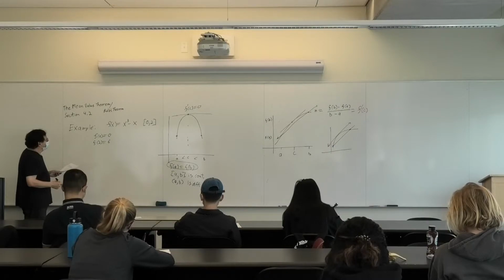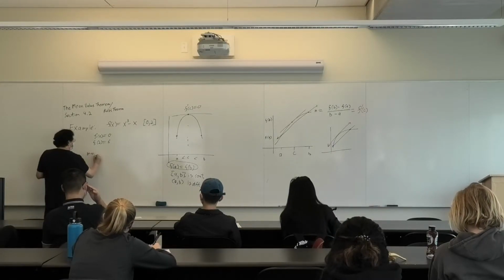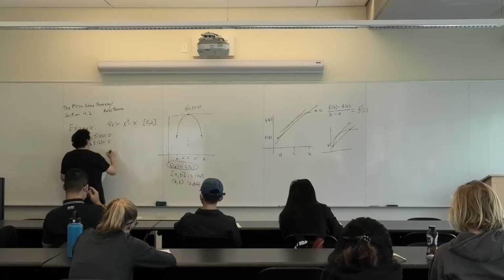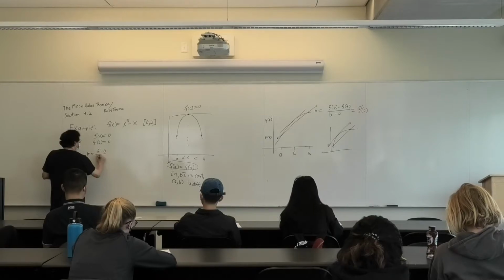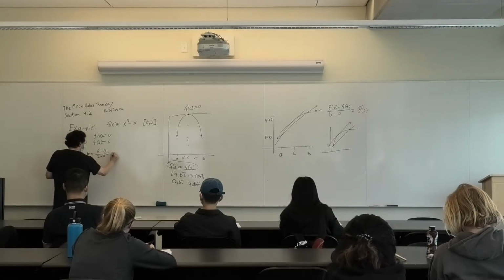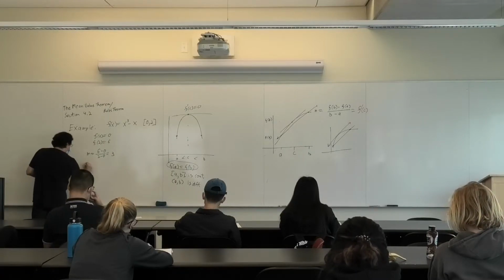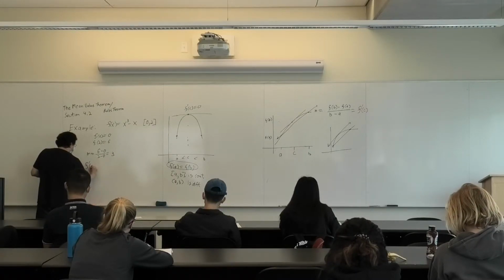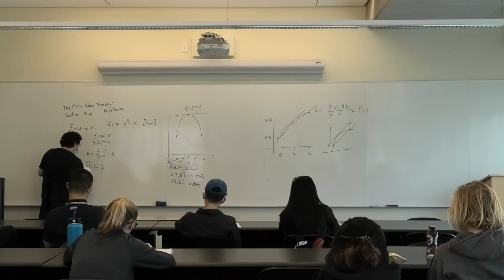So the mean value theorem tells us that the slope between these two points is 6 minus 0 over 2 minus 0 equals 3. So there's some C such that the derivative at C is 3.